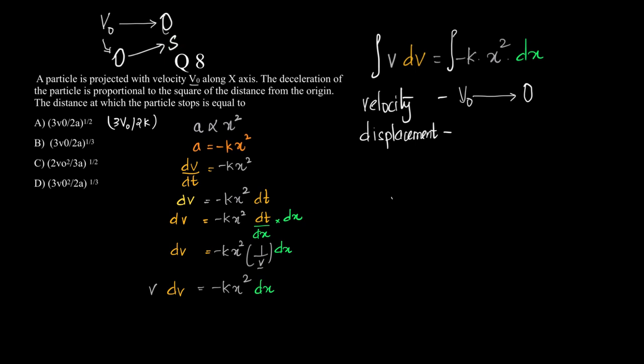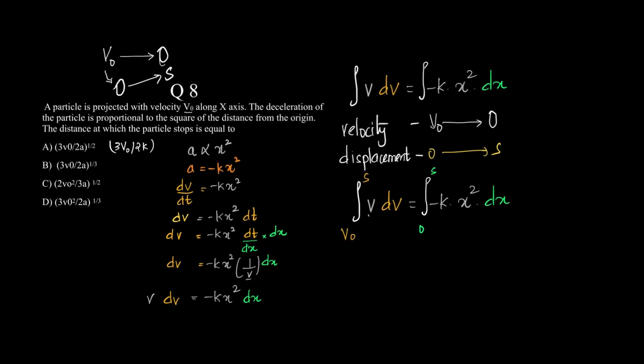So if I rewrite this equation here, what can I write the limit as? I can write the limit as v varying from v0 to 0, and displacement varying from 0 to s. Now I'll do the integration. What is v dv?